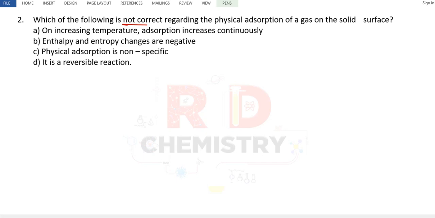Therefore, they move away from each other. Adsorption will actually decrease. So we require lower temperature for the van der Waals attraction, that is physical adsorption. Therefore, option A is a wrong statement. Enthalpy and entropy are negative, it is non-specific and it is a reversible reaction, correct. Therefore, answer is option number A.